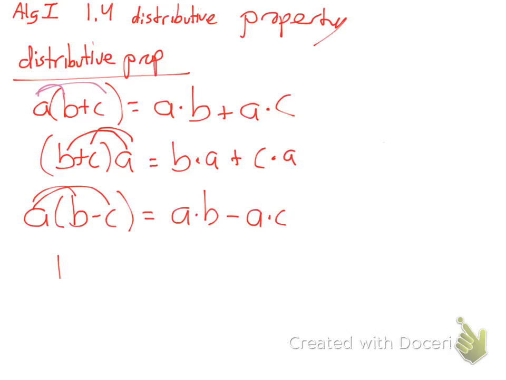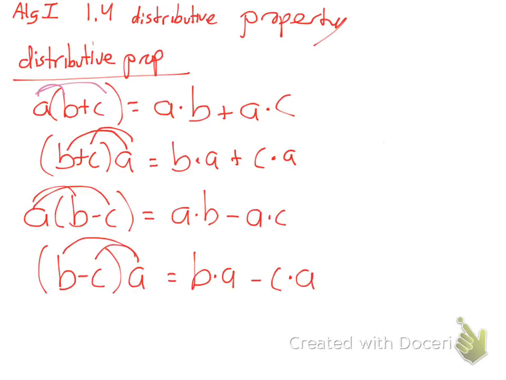And of course, if they had that group first, I can distribute the a from the backside. And so therefore, those are the 4 different ways using the same concept called distributive property. Okay?